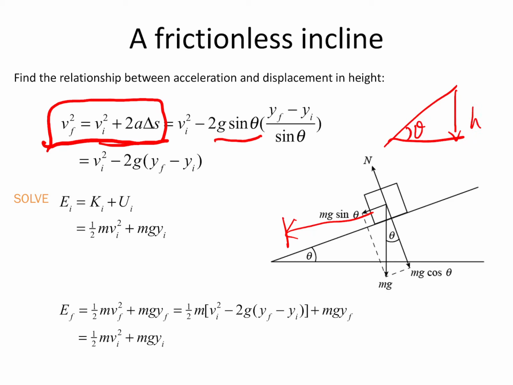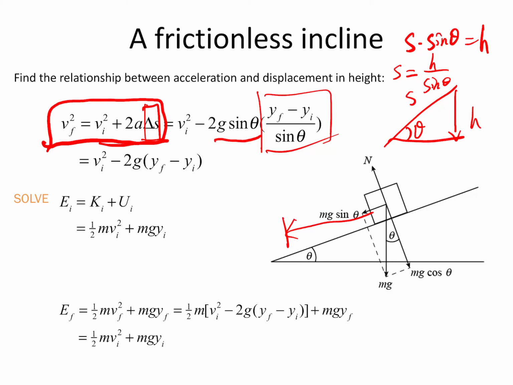There's a theta, so displacement times sin theta equals h. So displacement equals h over sin theta. That's why I have S equals change of height over sin theta. And this sin theta cancels. You have the same thing.